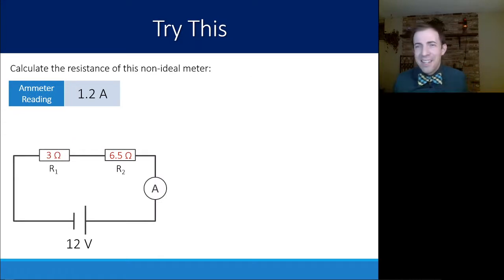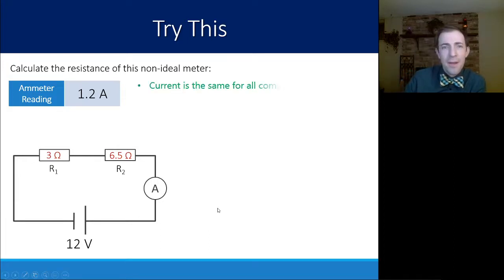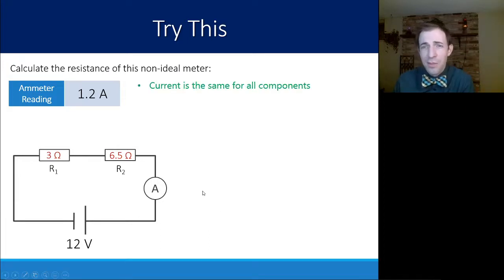So to see this in another way, we can look at this in kind of a backwards fashion. Say we hook up this ammeter and it reads 1.2 amps. That is enough information to actually tell us what its resistance is. That current is 1.2 amps, and that current is the same for all components.